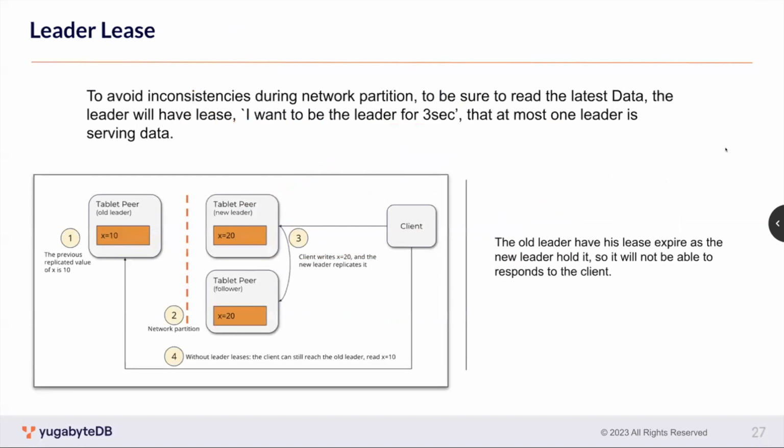That means I'm going to be the leader for, I don't know, X seconds. So when you have a network partition, for example, in this case, this one, which is partitioned from the followers, will stop holding the lease. So even if the client tries to go there, the lease will be with the new leader.